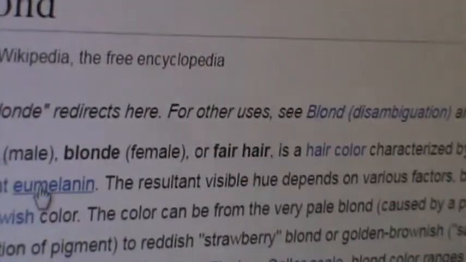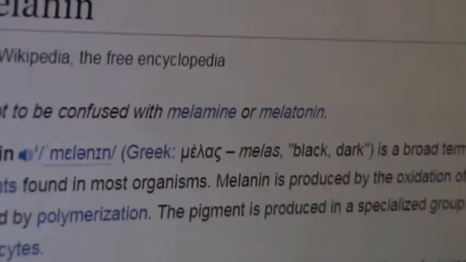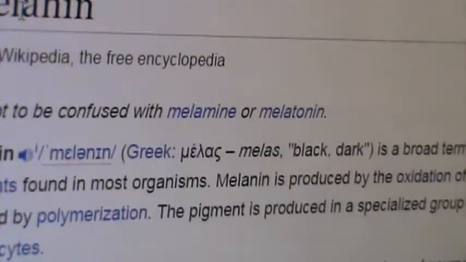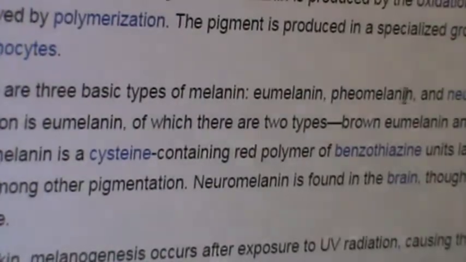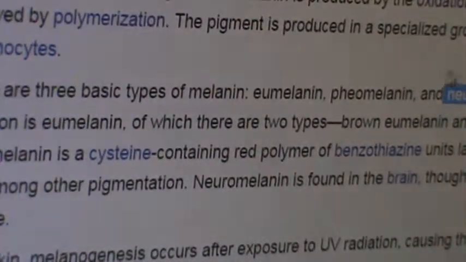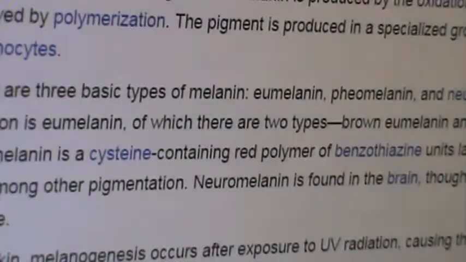And then, according to these history books, the pigment eumelanin, which is melanin. So there are 3 basic types of melanin: eumelanin, pheomelanin, and neuromelanin. It's all based on melanin. The most common is eumelanin, which has 2 types, brown and black.